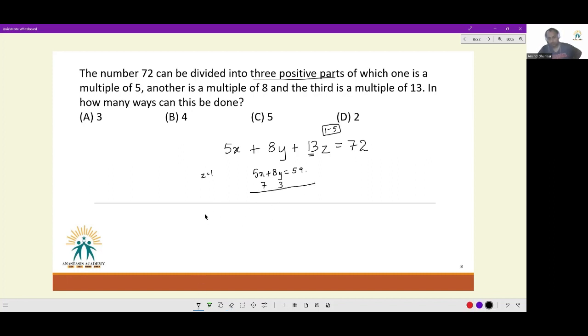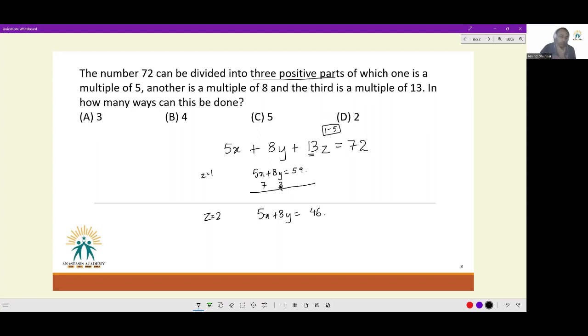How about when z is equal to 2? You have 5x plus 8y is equal to 72 minus 26, so 46. We have to find the solution set for this now. Understand how I'm creating the solution sets? I know that 59 is a 5n plus 4 kind of number, leaving a remainder of 4 with 5. So I'm looking for a multiple of 8 that leaves a remainder of 4 with 5.